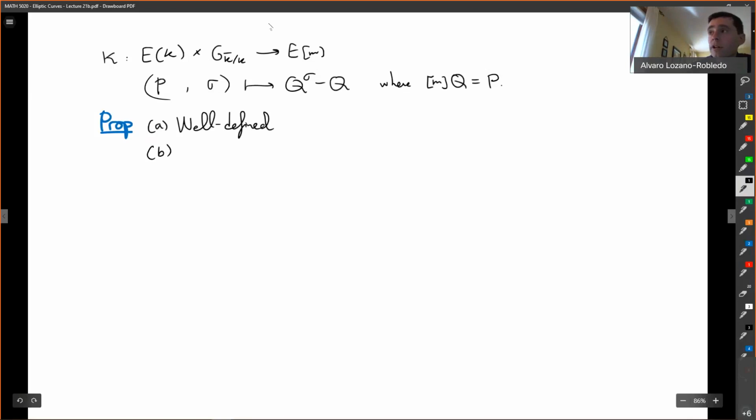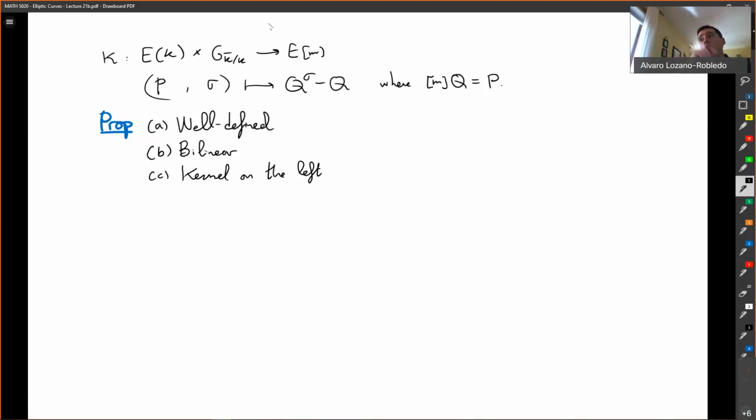The pairing is actually going to be bilinear. The kernel on the left means elements that no matter what you put on the right would go to 0. So the kernel on the left is M E(K).